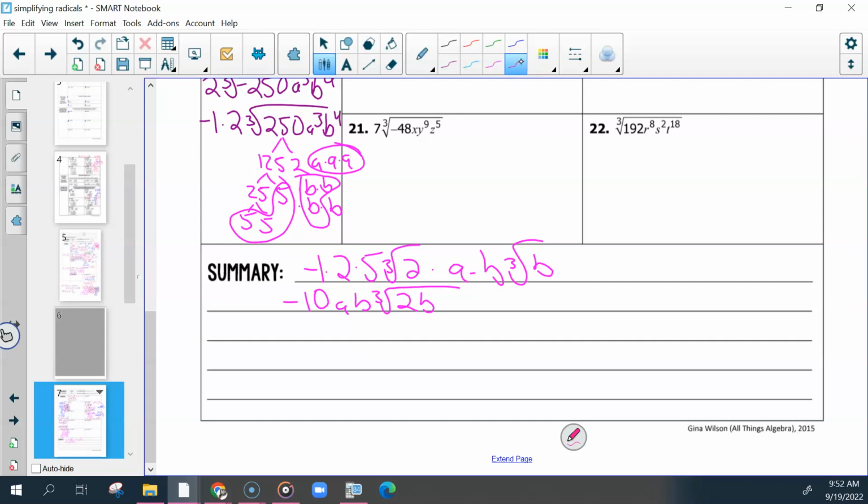Okay, so we'll do this. For the number, factor tree or perfect cube? Okay. For the variables, perfect cube or factor tree? Okay. So for 192, think about your perfect cubes. What is the highest perfect cube we can divide 192 by and get a whole number?